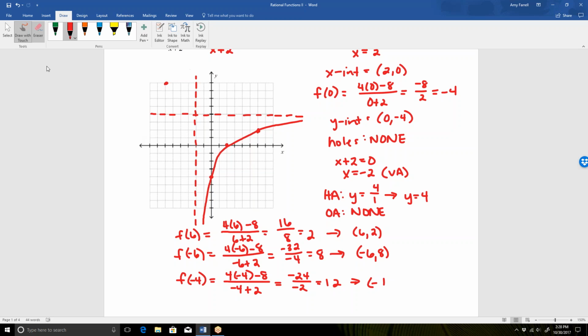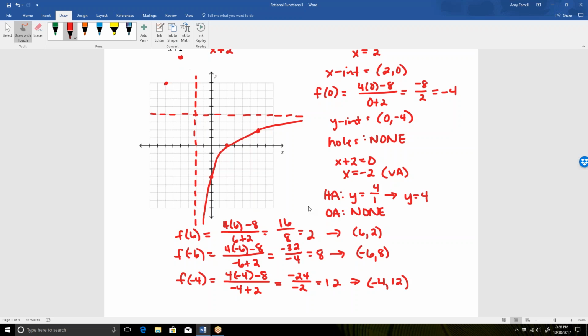Anyway, the point (-4, 12) is on the graph. But (-4, 12) is off my graph, though. It would be way up here somewhere.